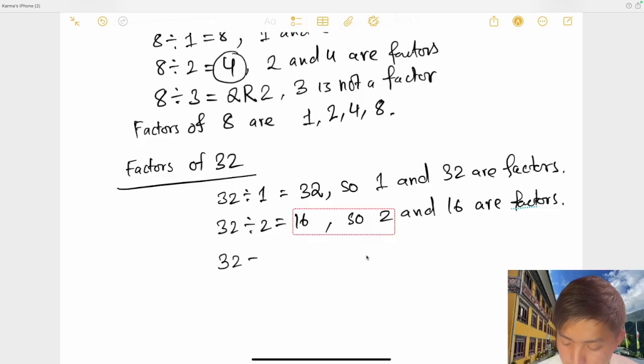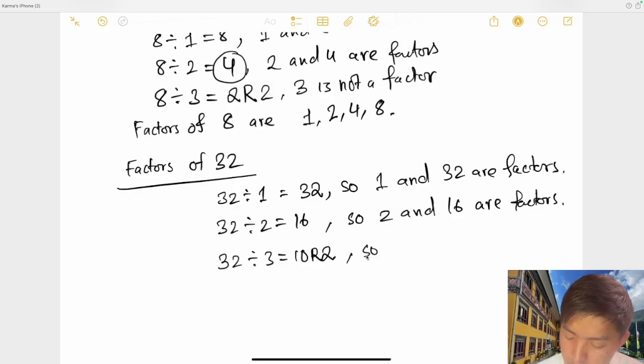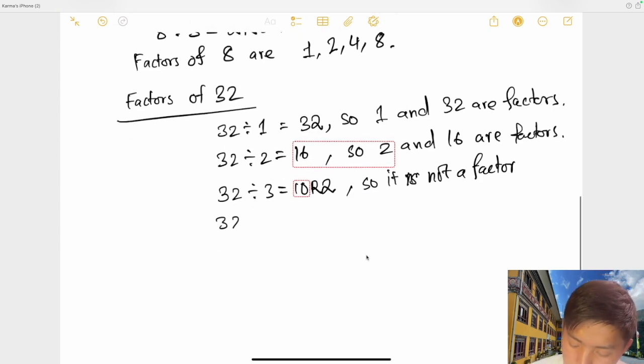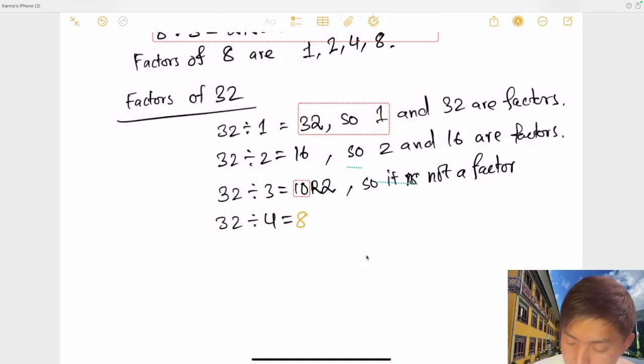Next number would be 32 divided by 3, and you'll find out that it's 10 remainder 2, so it is not a factor. The next number after 3 is 4, so 32 divided by 4 is nothing but 8.